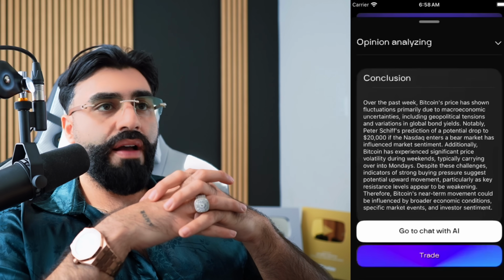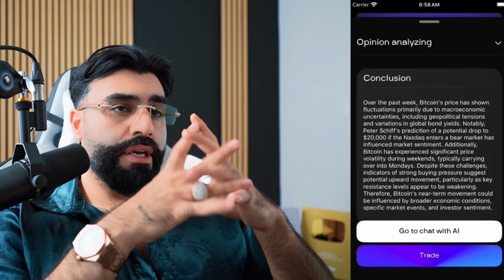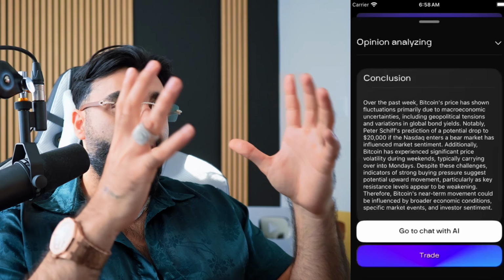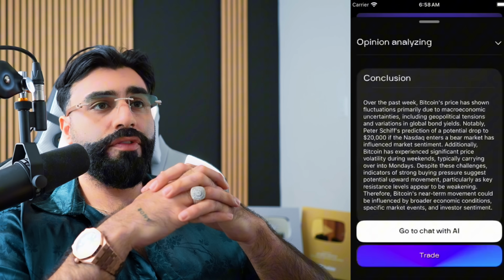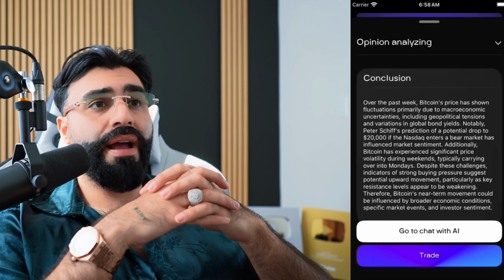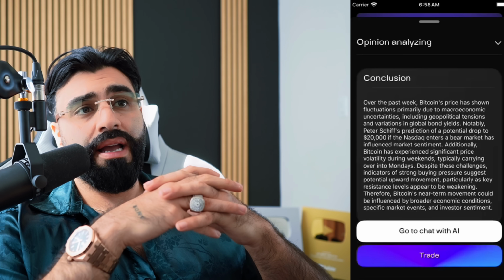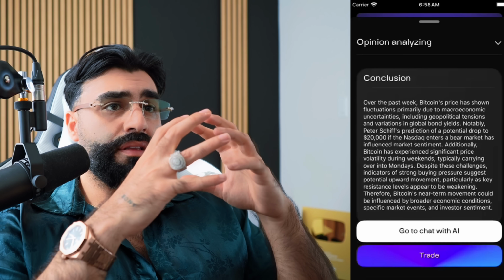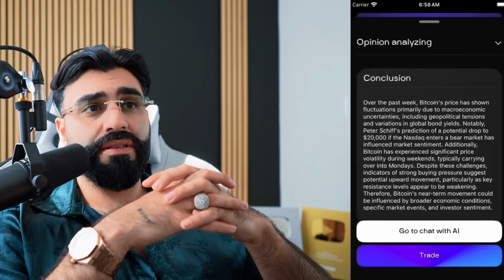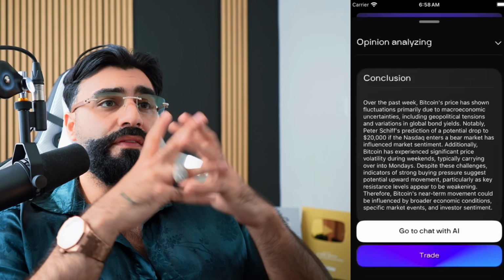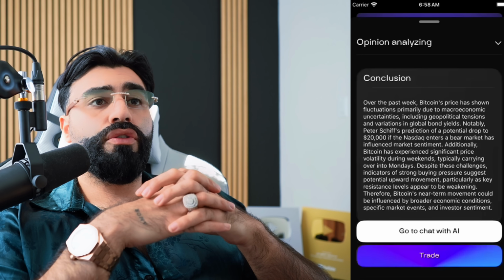But here we have a beautiful conclusion showcasing you guys that over the past week, Bitcoin's price has shown fluctuations primarily due to the macroeconomic uncertainties. This is including geopolitical tensions. This is including the different tariffs that are happening in the world right now, and a variation of global bond yields.